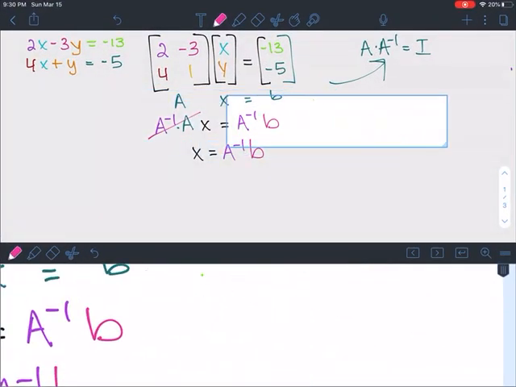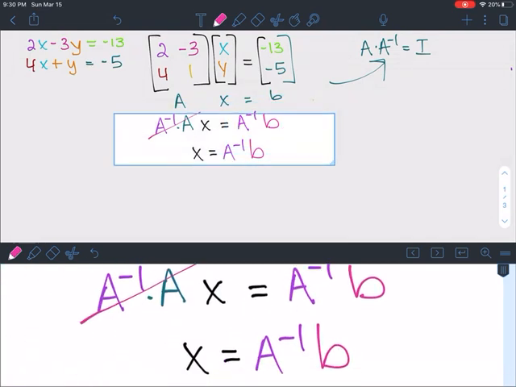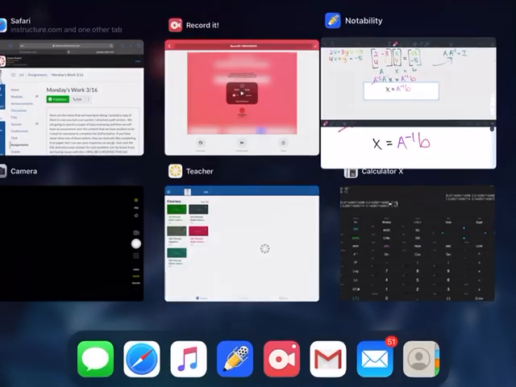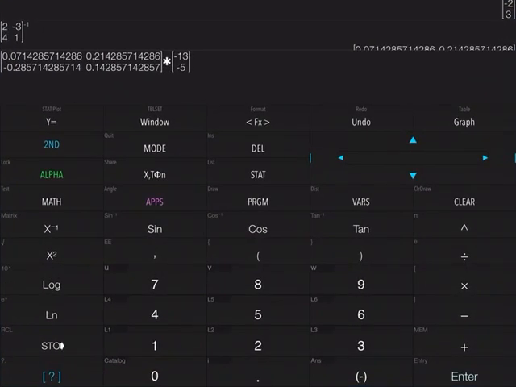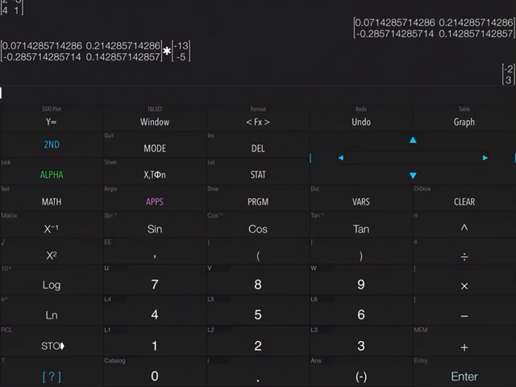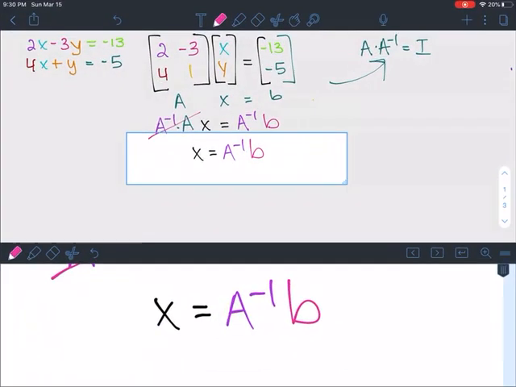So this step that I just did in my calculator is just this part, that inverse times my B matrix. And this is going to tell me what my variables are going to equal. So when I click enter, I get something that looks like -2, 3.